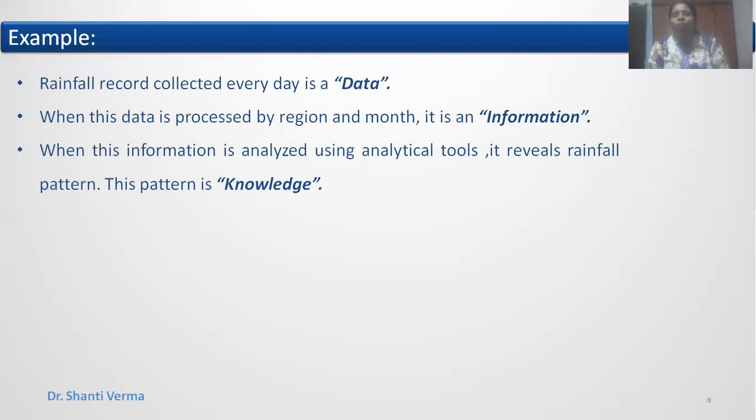So when the rainfall record is sorted by region or month, it is information. When this information is analyzed using analytical tools, it reveals a rainfall pattern, and this rainfall pattern is known as knowledge. This knowledge is derived from the information.